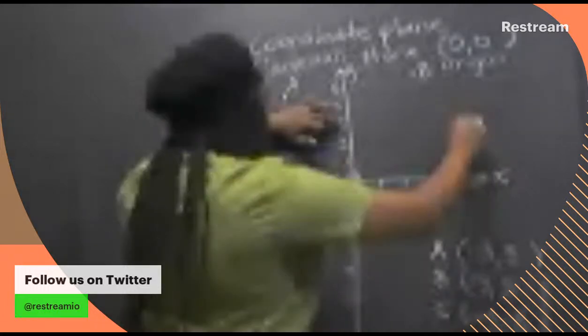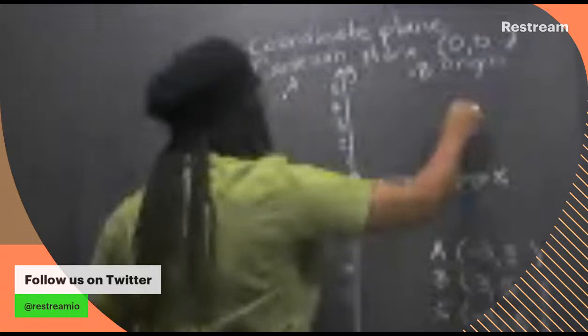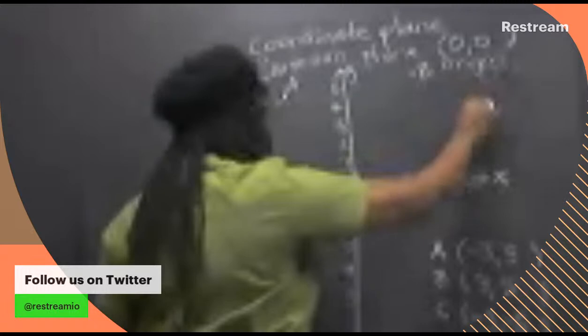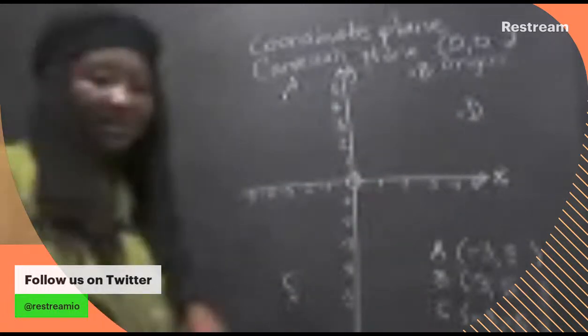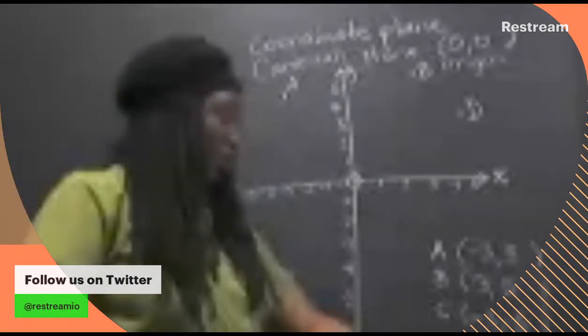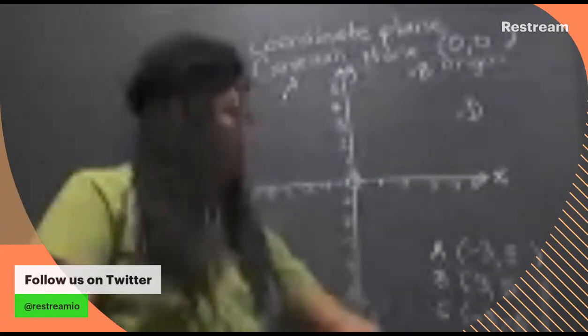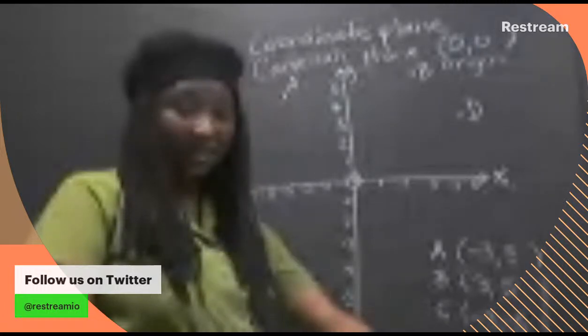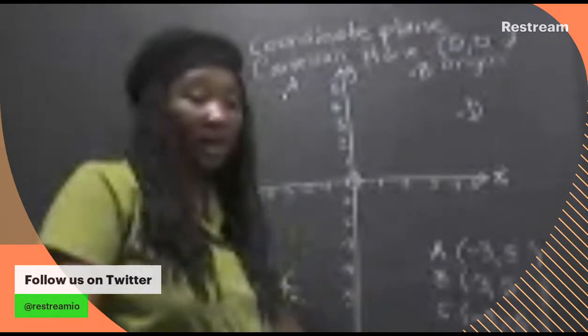That's positive 5 and positive 3. So positive 5 on the x, and then positive 3. And point 0 on the x, and positive 4 on the y.